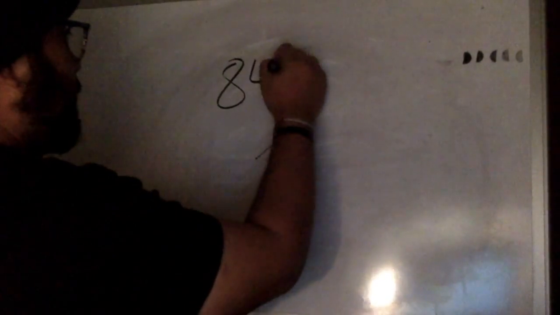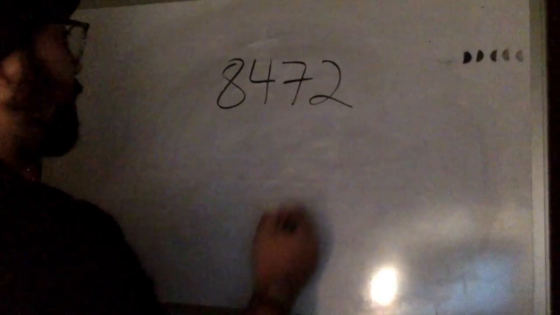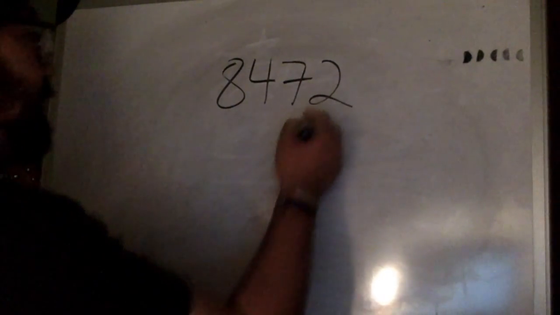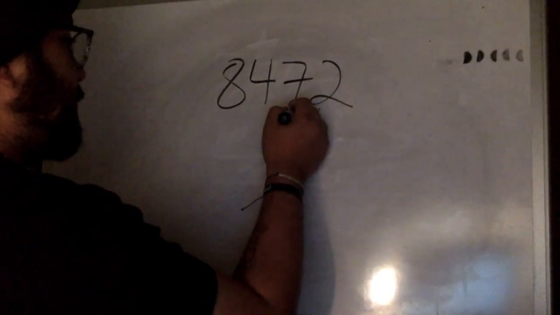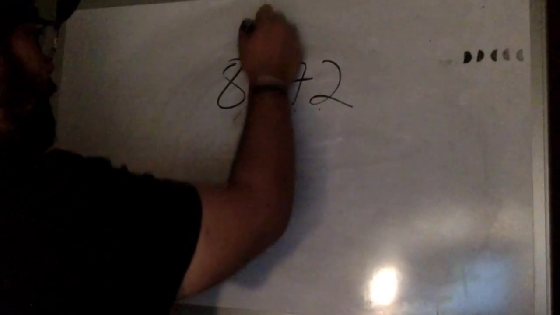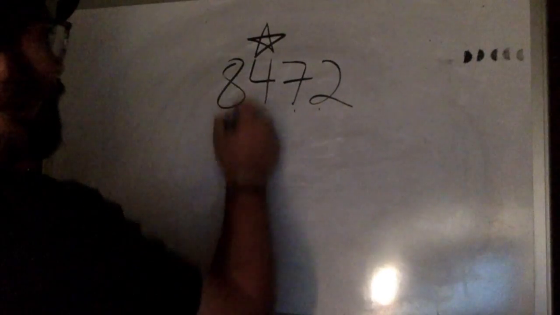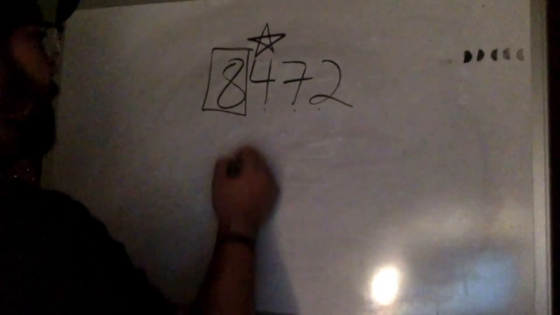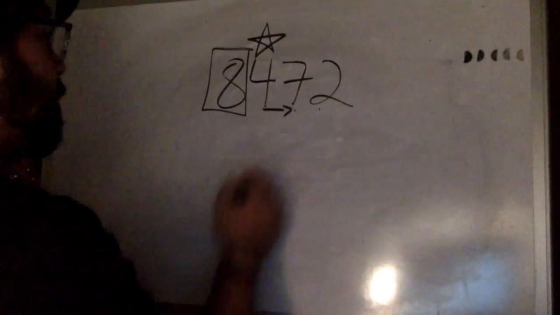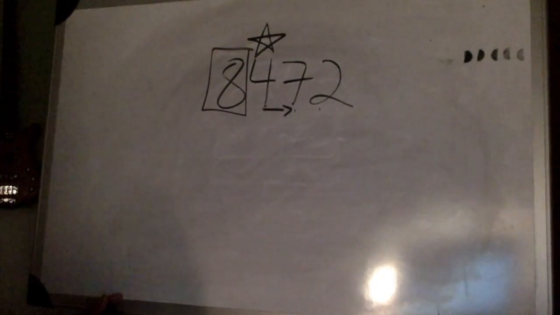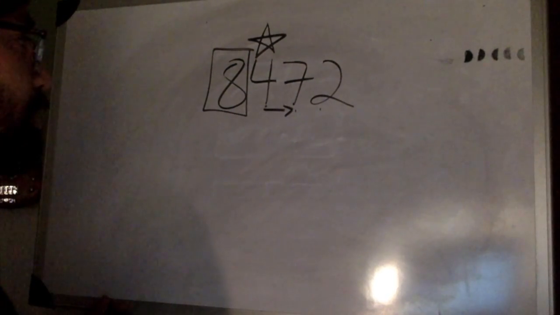Let's try 8,472. 8,472 to the nearest 100. Once again, ones, tens, hundreds. Found Cinderella. Royal family, cannot touch them. Look next door. Is her sister a 4 and below or 5 and above?